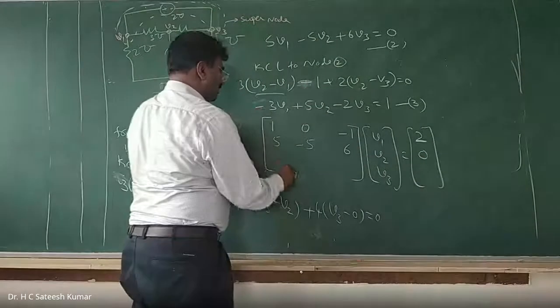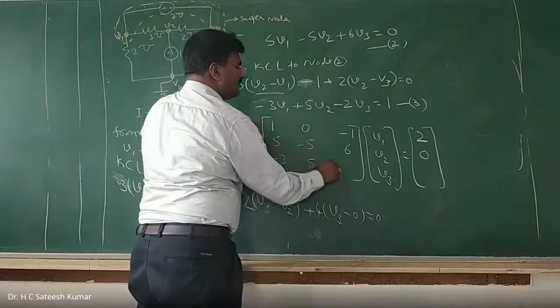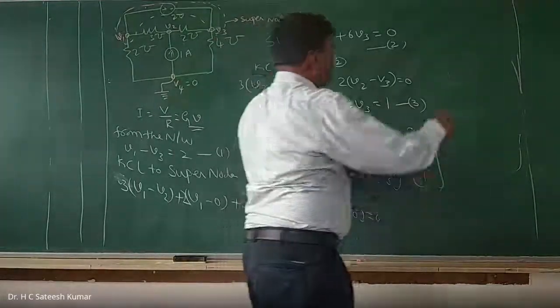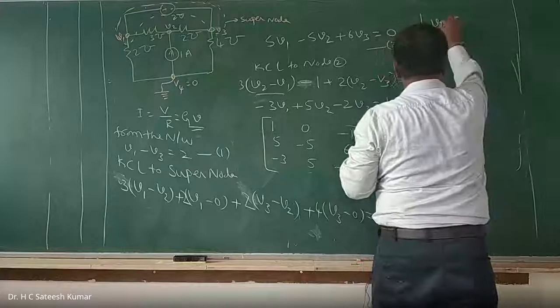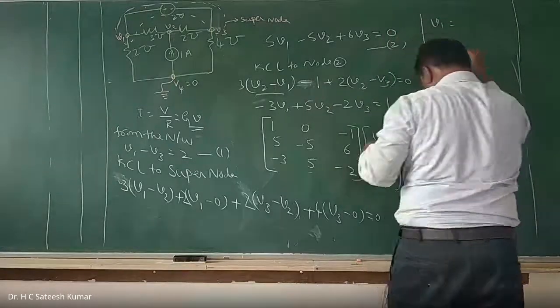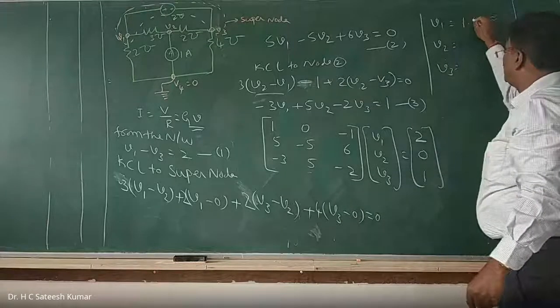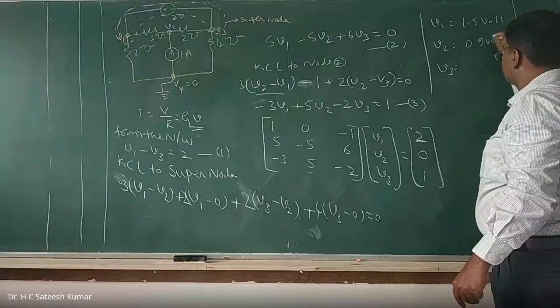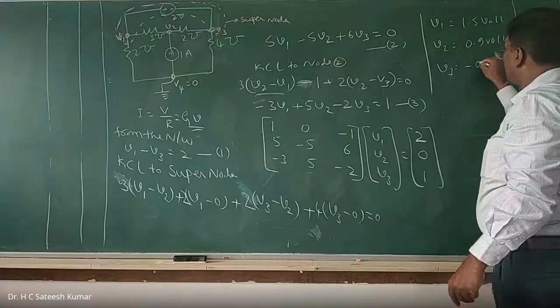Third equation: minus 3, 5, minus 2, 1. Solving all this, V1, V2, V3 is equal to 1.5 volts, 0.9 volts, minus 0.5 volts.